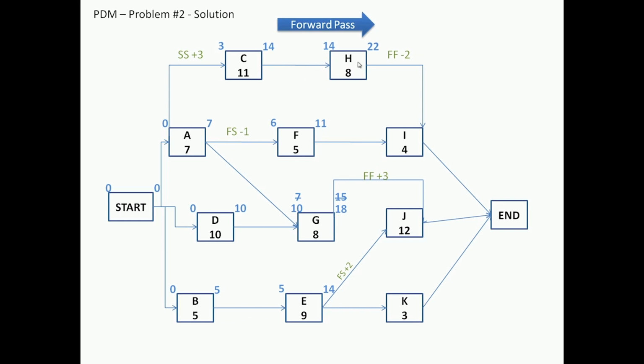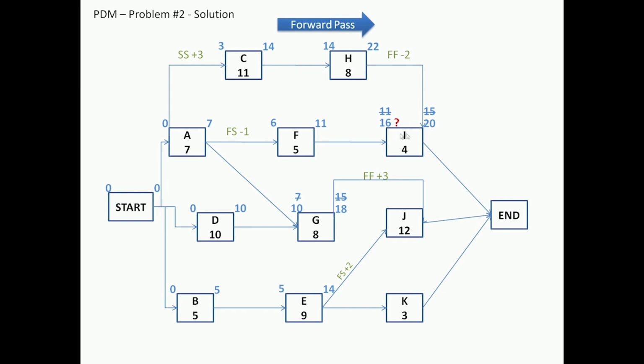And we go on with 14, 22, and now when we come here, we have an issue that crops up. When we come from this direction, we have 11, and 4, we could get 15. We come from the other direction, we go to 22, and it's a negative lag. We go to 20, and we go back here at 16.